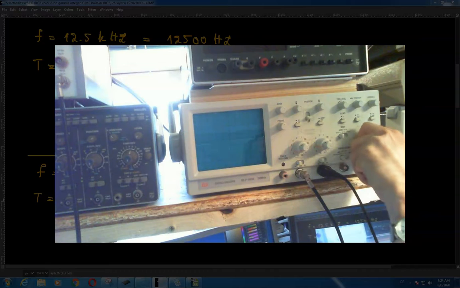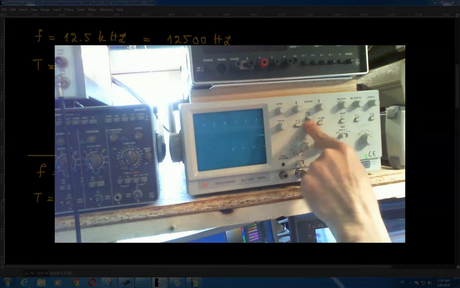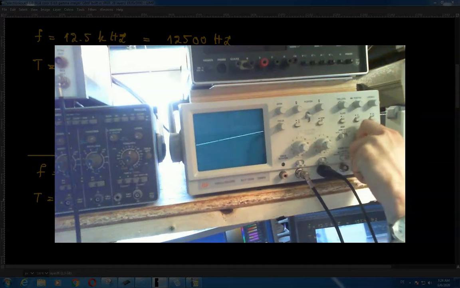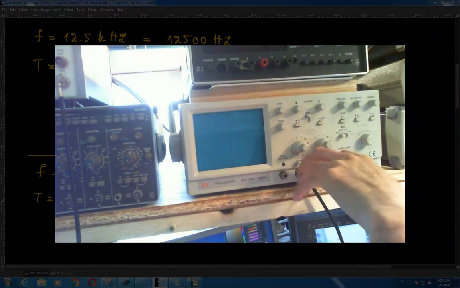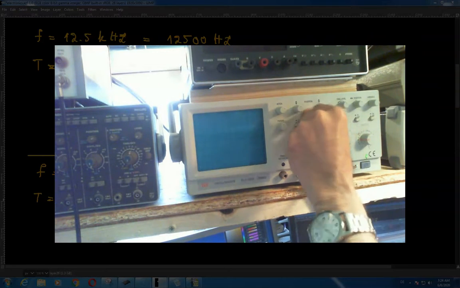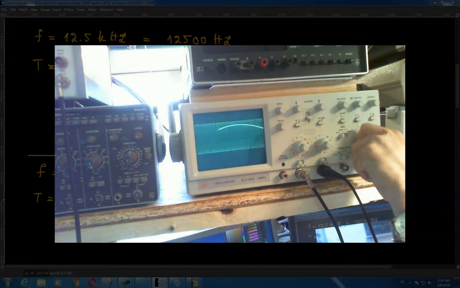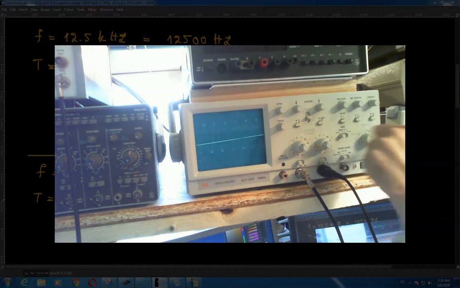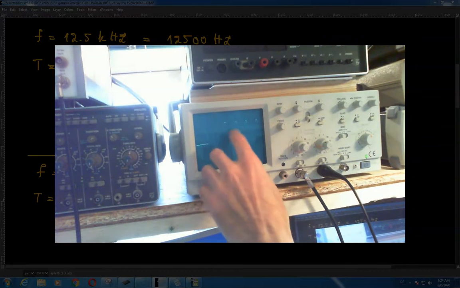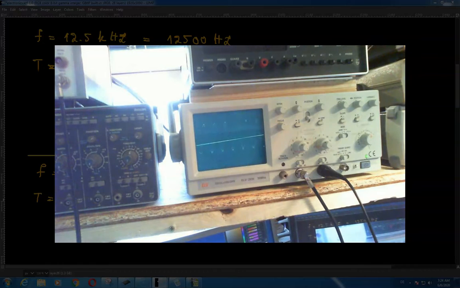So now you can see that I have two outputs here, this is the dual mode, this is channel 1, this is channel 2, and if the frequencies are not too far apart from one another, you can see both of them using the dual mode, something like this, right?